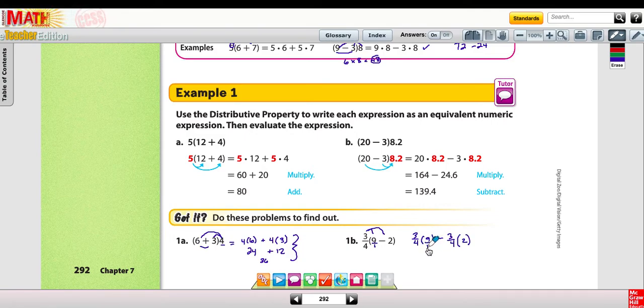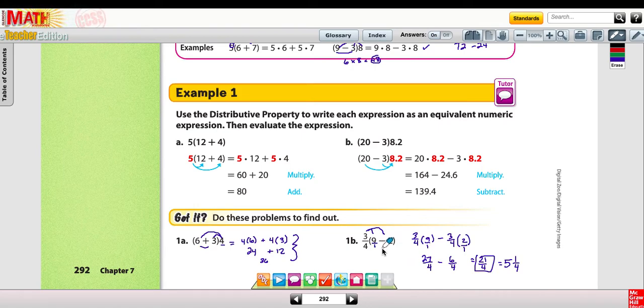And remember that those numbers are just over 1, so we can multiply. 3/4 times 9 over 1 is 27 over 4, and then minus 6 over 4, and 27 minus 6 is 21 over 4. So you could leave it as 21/4. Of course, you could simplify that to 5 1/4.